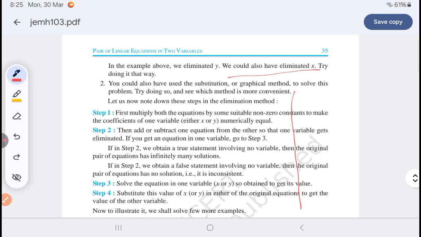In the exam, the questions will be asked differently. If they have asked us to solve the equation graphically, you have to solve it graphically only. If they ask us to solve the equation by substitution method, then you have to use the substitution method only.